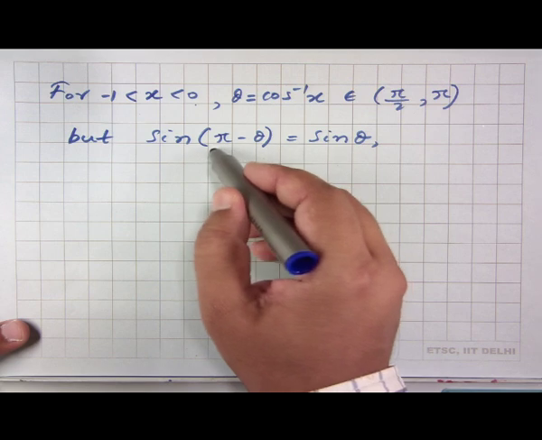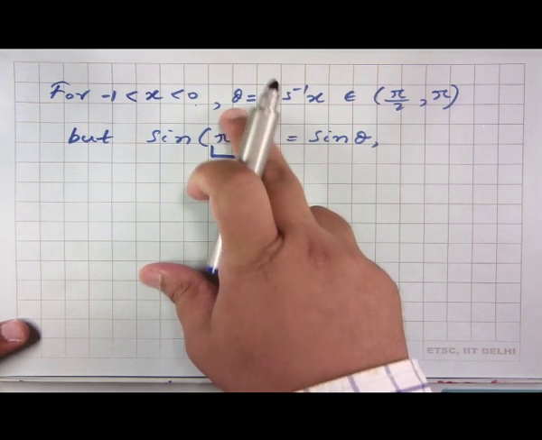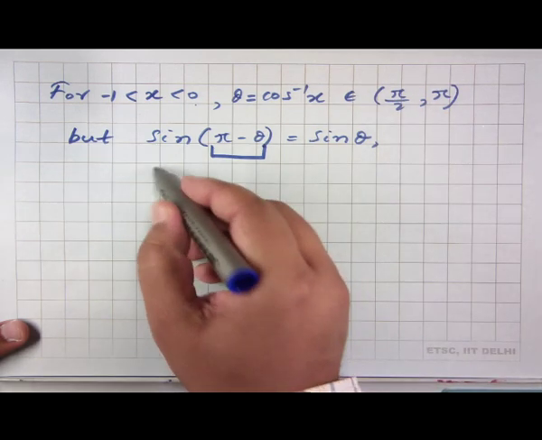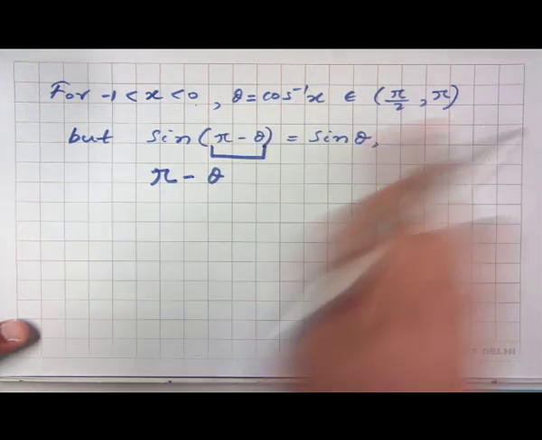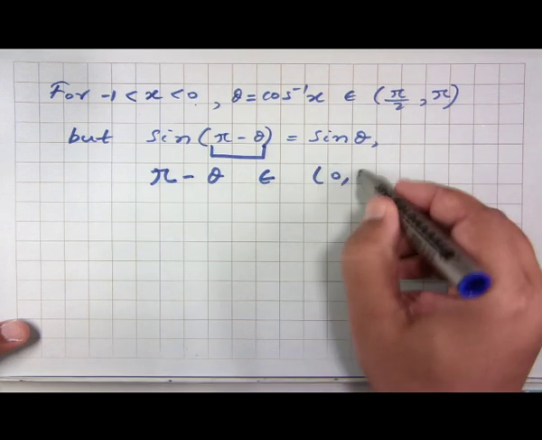The reason why we took this choice of pi minus theta is because if theta equal to cos inverse x belongs to this interval, then pi minus theta belongs to the interval 0 to pi by 2.